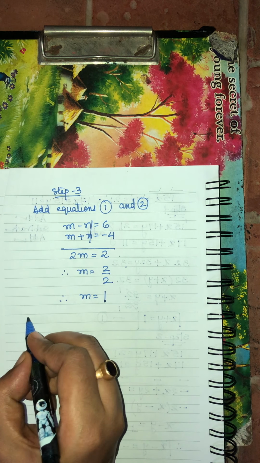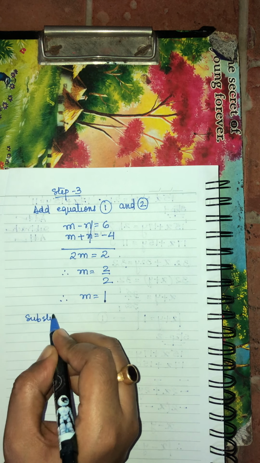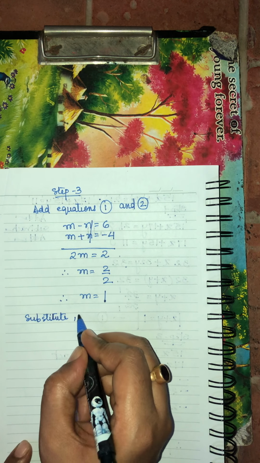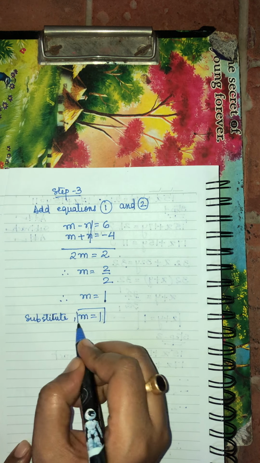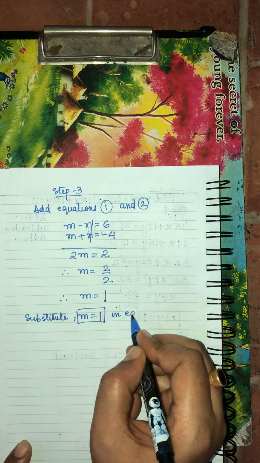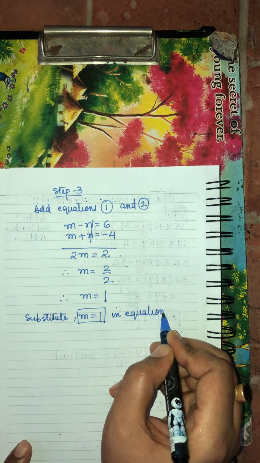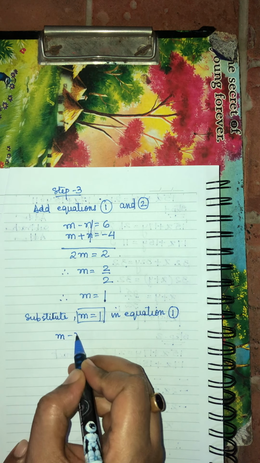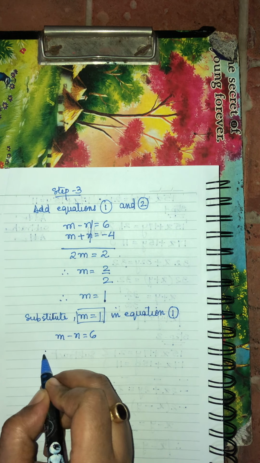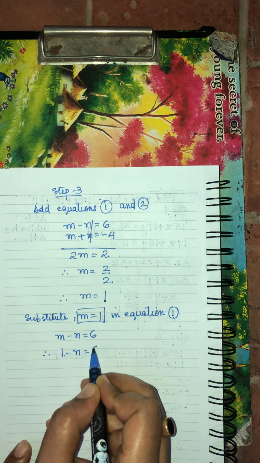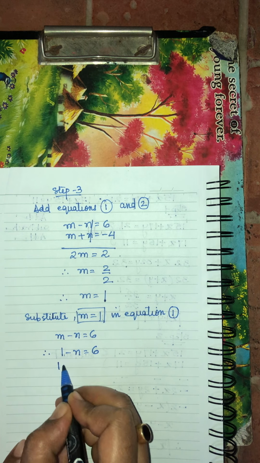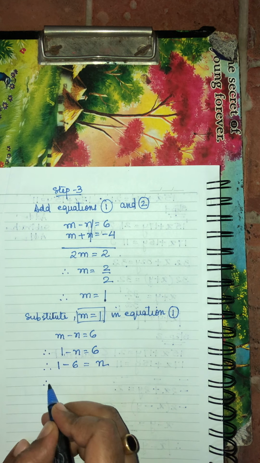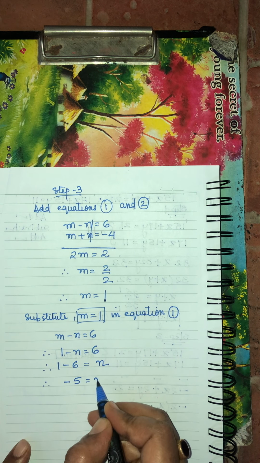So now substitute the value of m is equal to 1 in equation 1. So what do you get, children? M minus n is equal to 6. Hence 1 minus n is equal to 6, or 1 minus 6 is equal to n. So what do you get? Minus 5 is equal to n.